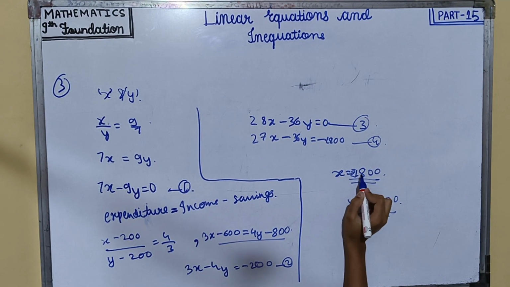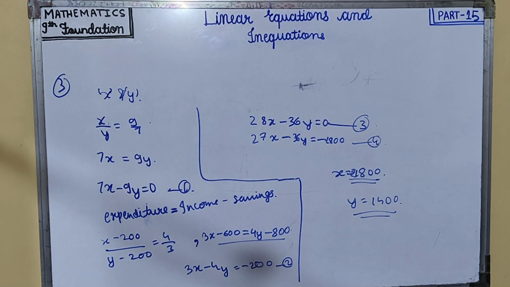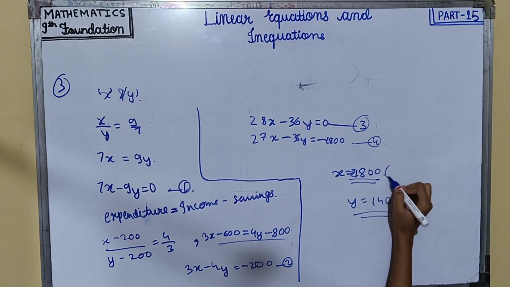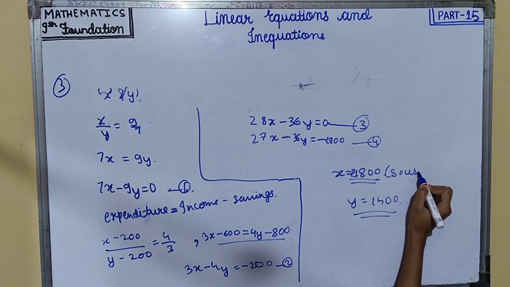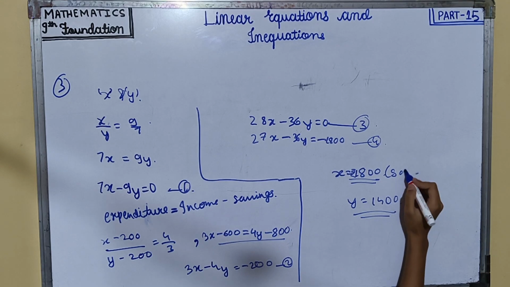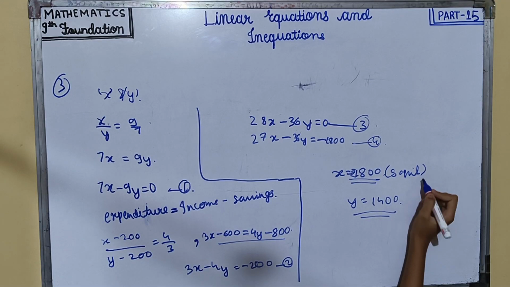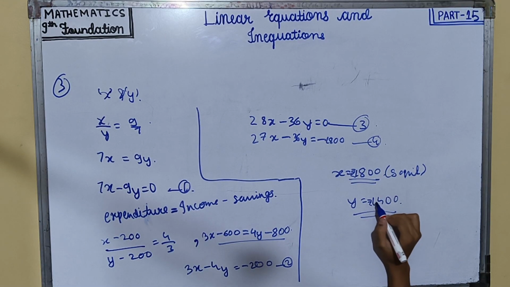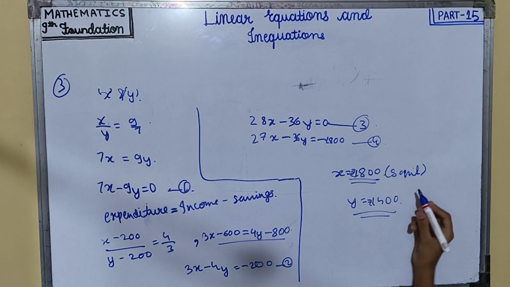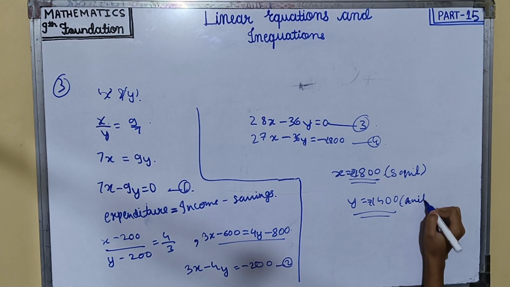So the income of Sunil is rupees 1800. The income of Anil is 1400 rupees.